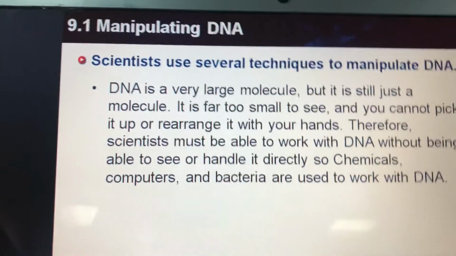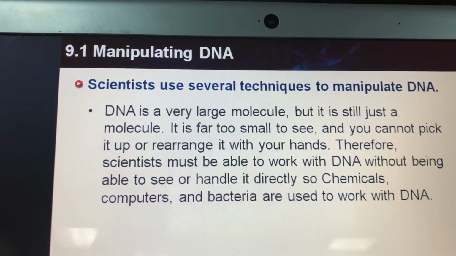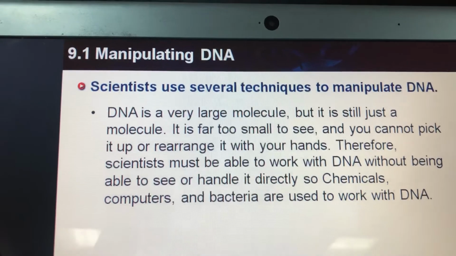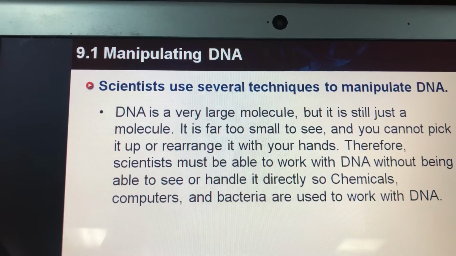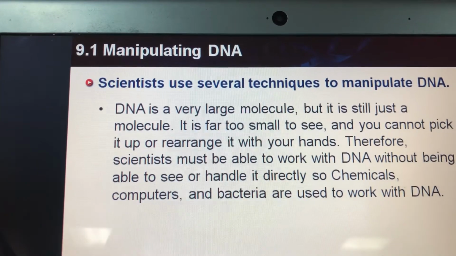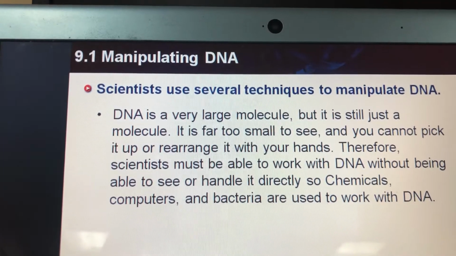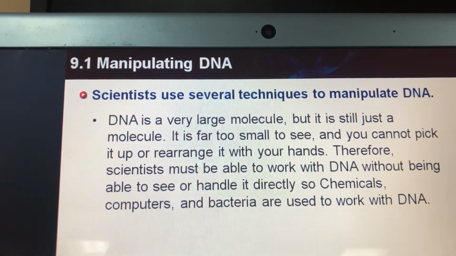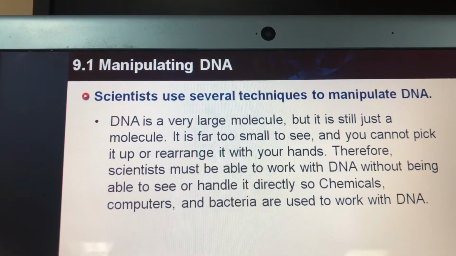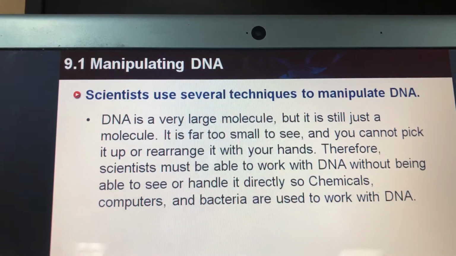Chemicals are important to change the sequence of the nucleotides. Bacteria are important to get from them the enzymes that are used to cut the DNA at specific sites.